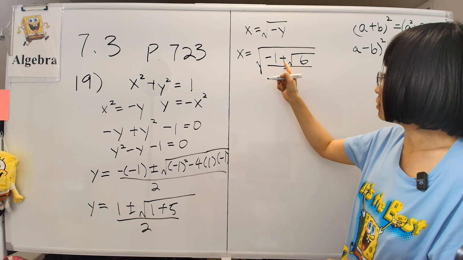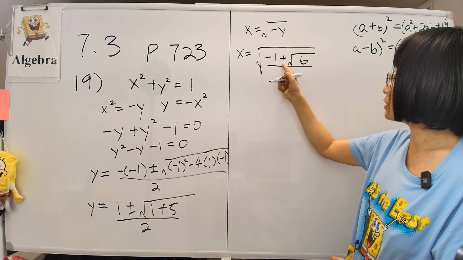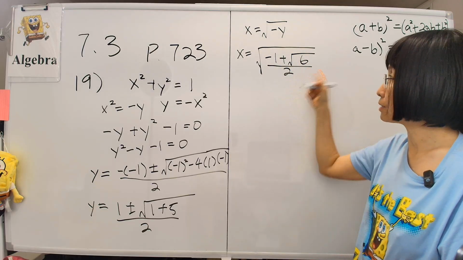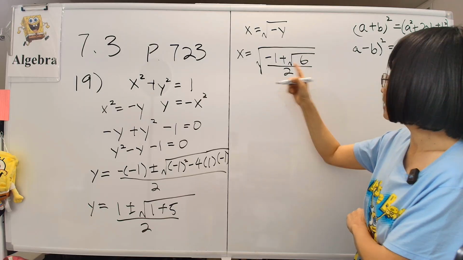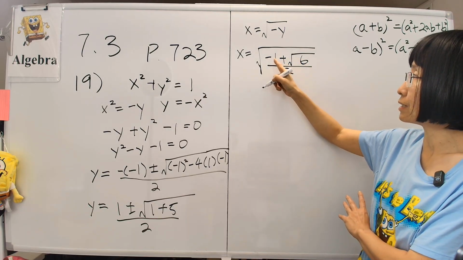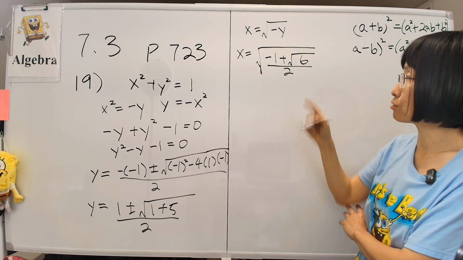Now there's also a negative 1 right here, right? But we can't do that because if it's negative, then the whole thing inside the square root will be negative, and we're not accepting that. We don't care about complex numbers at this point. So we'll keep it positive because the square root of 6 is going to be bigger than 1, so this will be a positive value, and we can take the square root thereof.